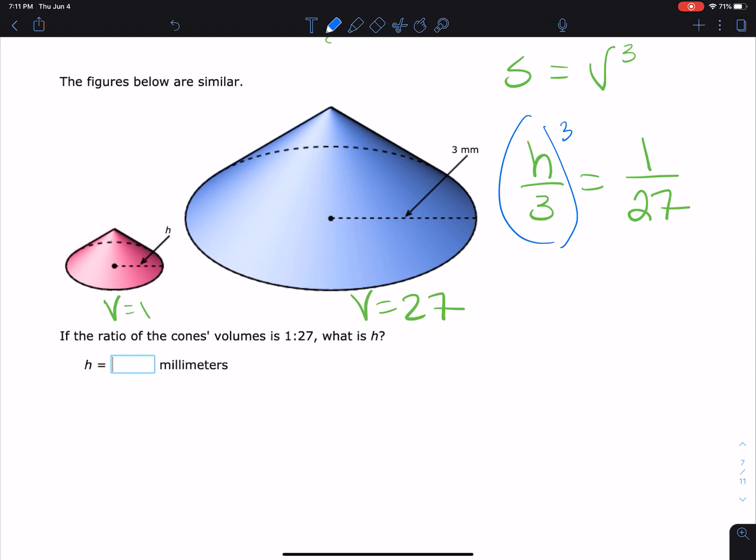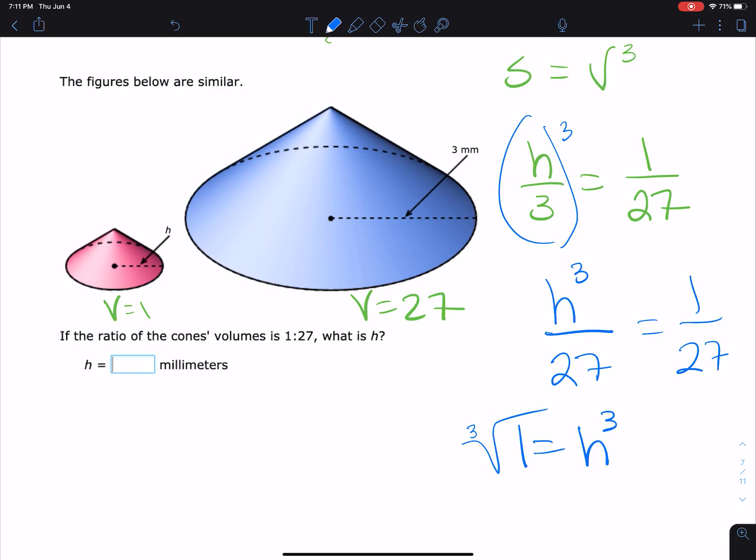So this would become h cubed. 3 times 3 times 3 is 27. Is 1/27. Okay, so I can see my denominators are the same. So that means 1 has to equal h cubed.